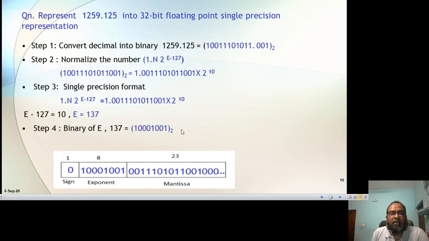Find the binary of E and fill the exponent field with the binary of 137. It's a positive number, so write 0 for the sign, then the exponent, then the mantissa. If the 23 bits are not filled, fill the rest with zeros.